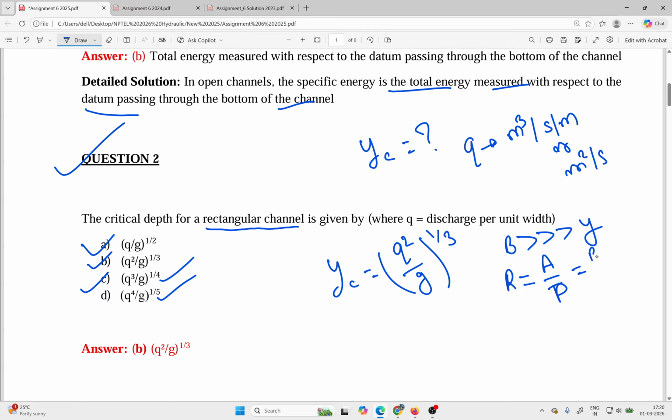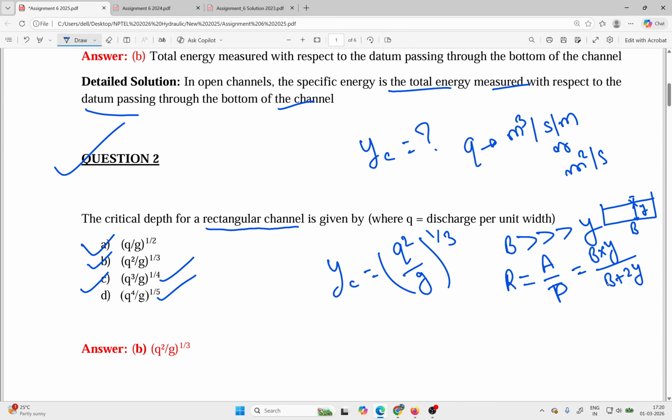So area is B times Y in case of a rectangular channel. This is your B and this is your flow depth Y, divided by perimeter, which is B plus 2Y.